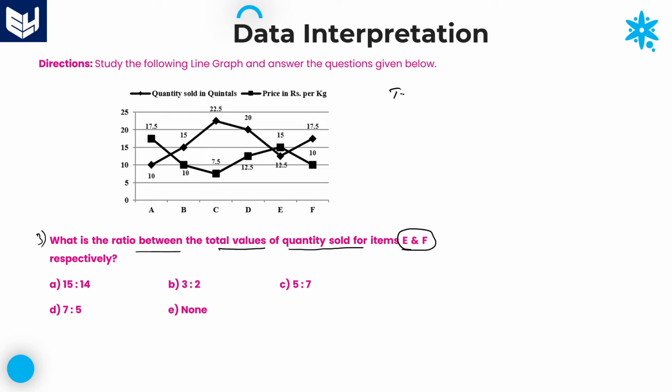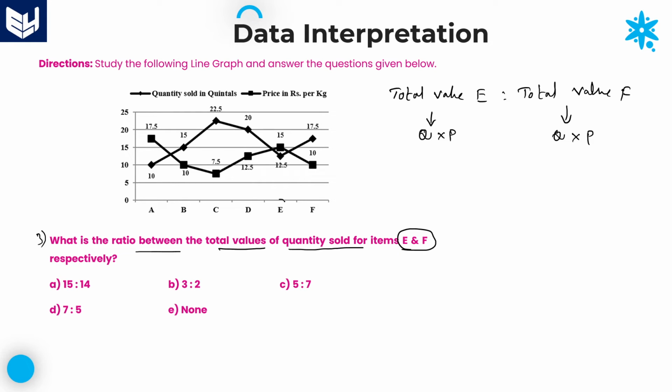Here you need to calculate the ratio of total value of E to total value of F. Basically, total value is nothing but quantity into price. That will give you the total value.